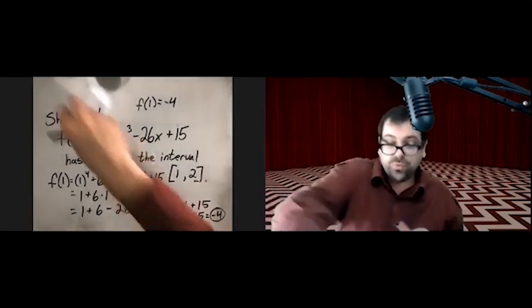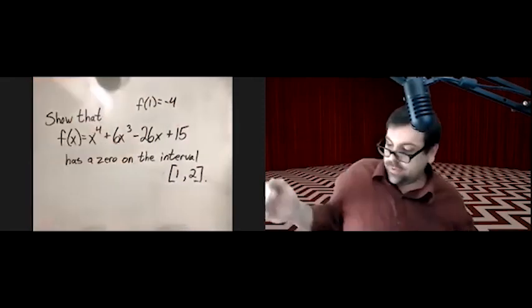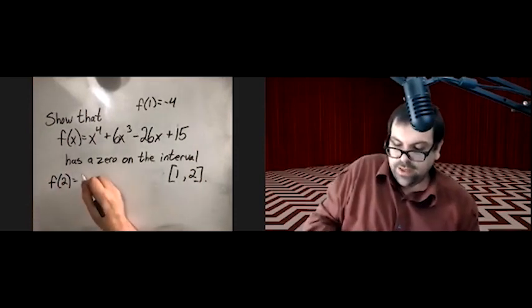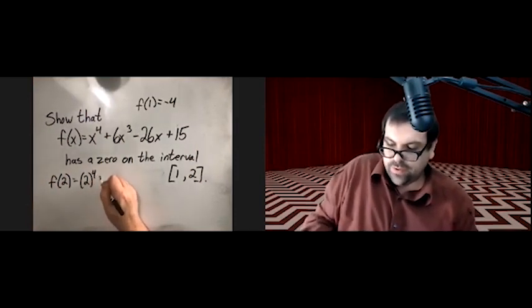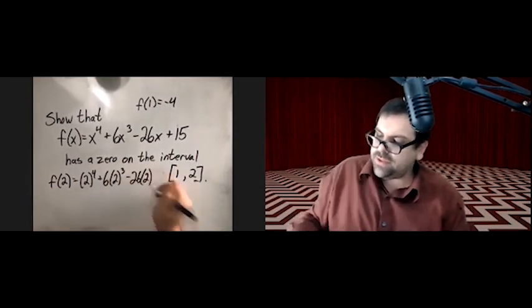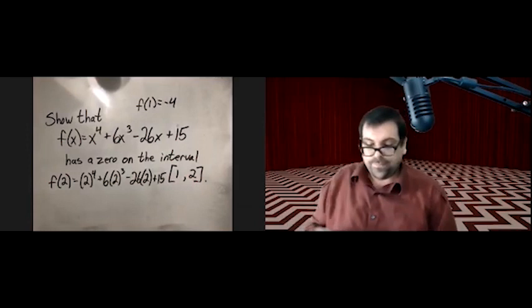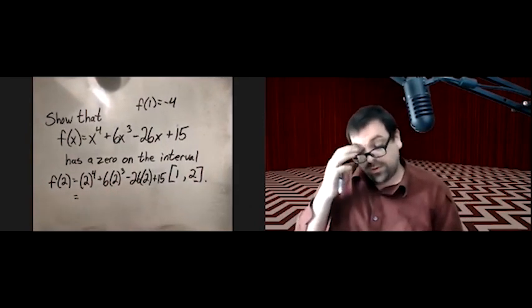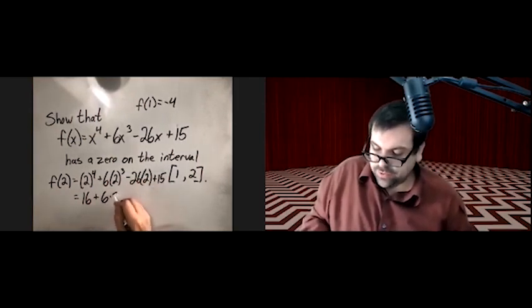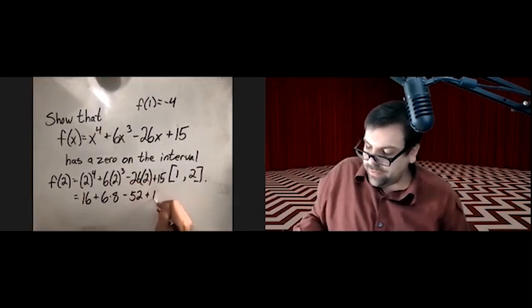Now let's find f of 2. F of 2 would be 2 to the 4th plus 6 times 2 cubed minus 26 times 2 plus 15. 2 to the 4th is 16, plus 6 times 2 cubed. 2 cubed is 8, minus 26 times 2 is 52, plus 15.